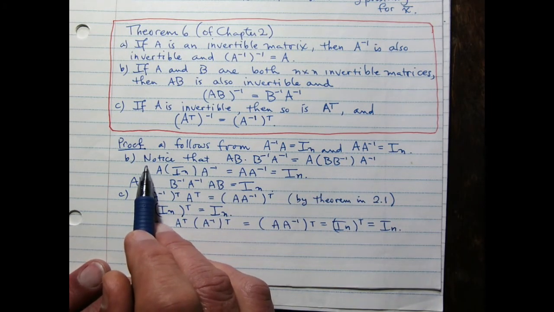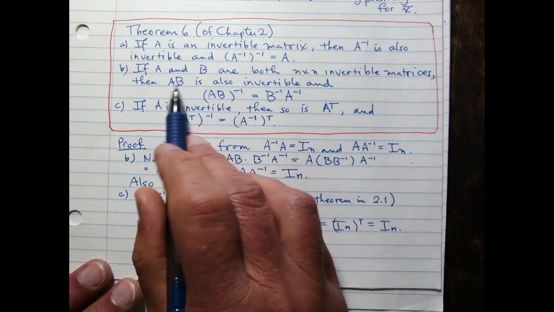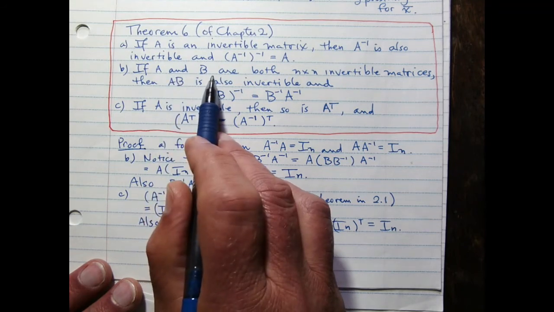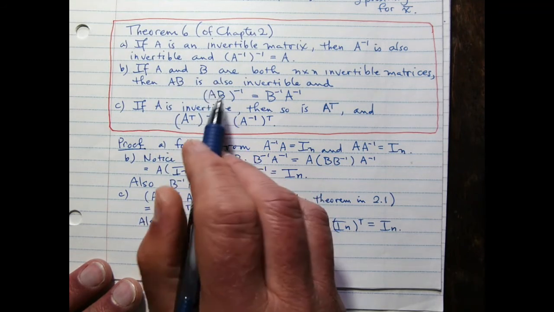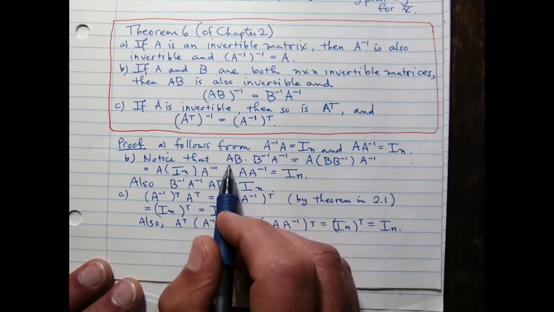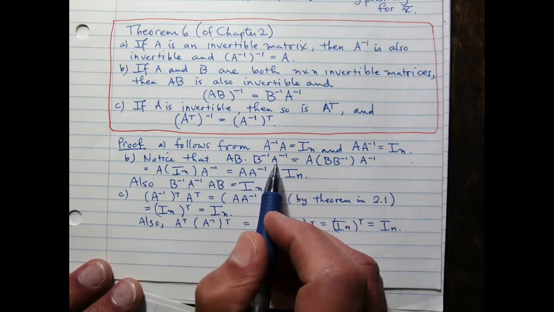B, why, if A and B are both invertible, why is the inverse of AB equal to B inverse A inverse? So all you got to do is take AB, the product, times this B inverse A inverse.